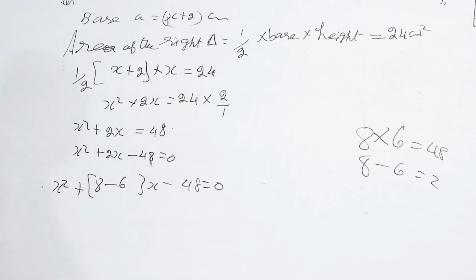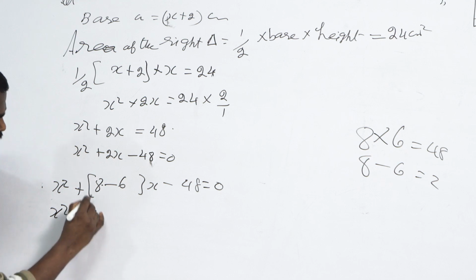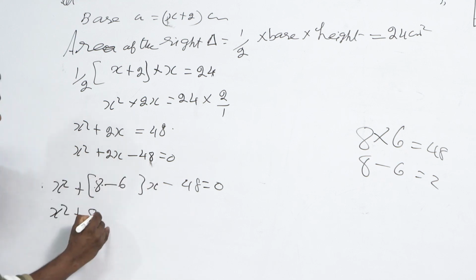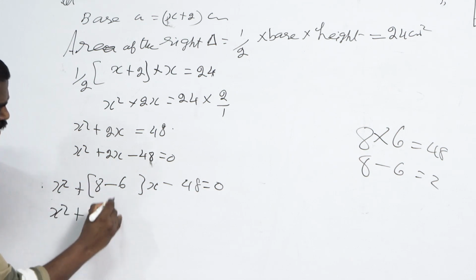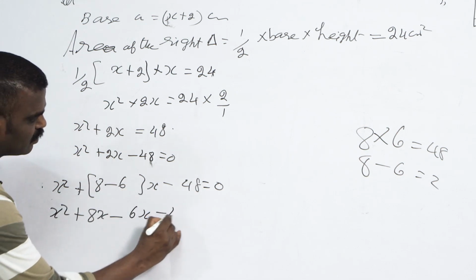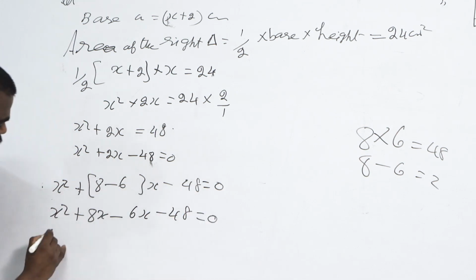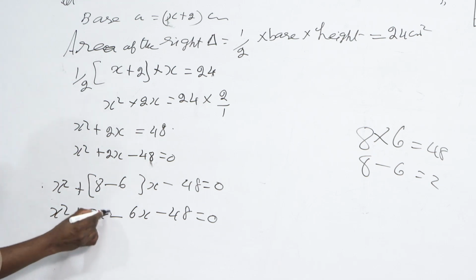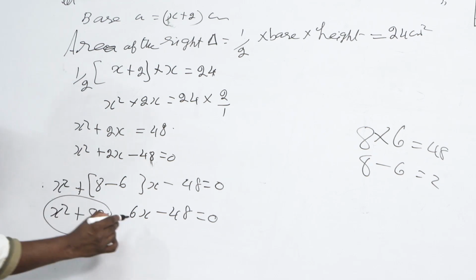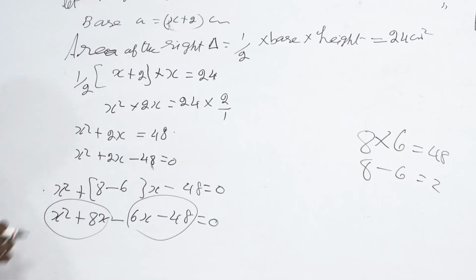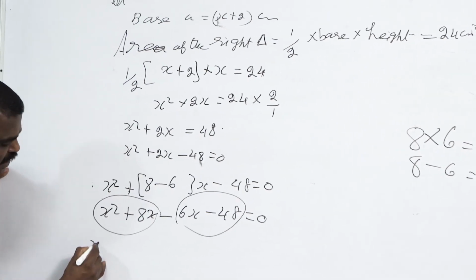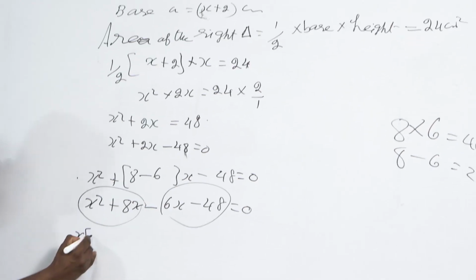Clear now? Okay. Now x square plus 8 into x, this x also will multiply, 8x, plus into minus 6 into x, minus 6x. First 2 terms together, second 2 terms together, a group. From this group, what can you take common out? Shall we take the x out? Because x is on both sides, right?